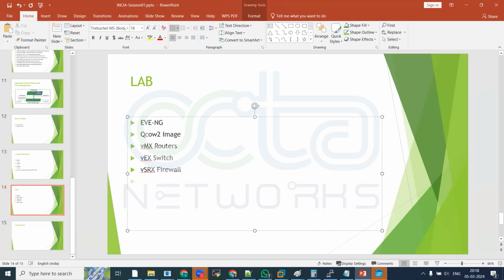We should have at least a Core i5 or i7 processor or higher. And in terms of RAM, you should have at least 16 GB of RAM. So this is okay for the basic practicals.